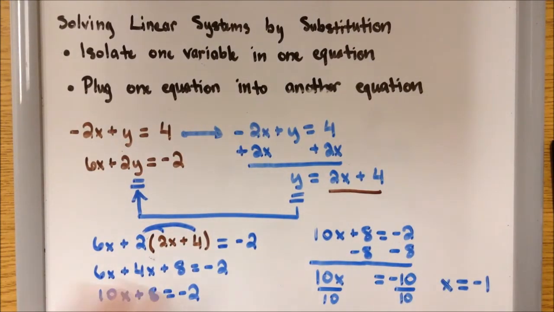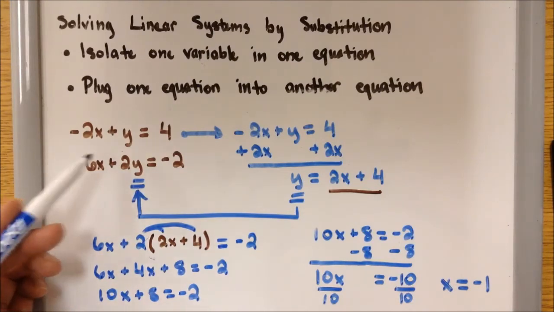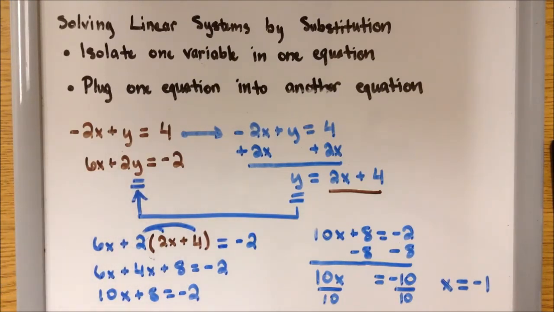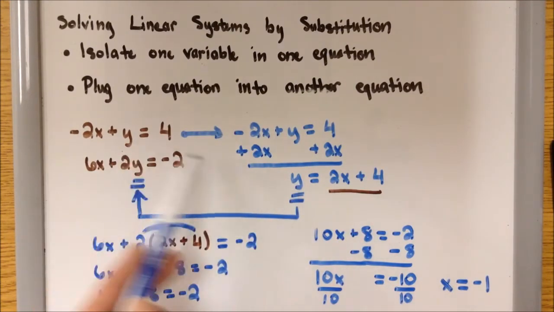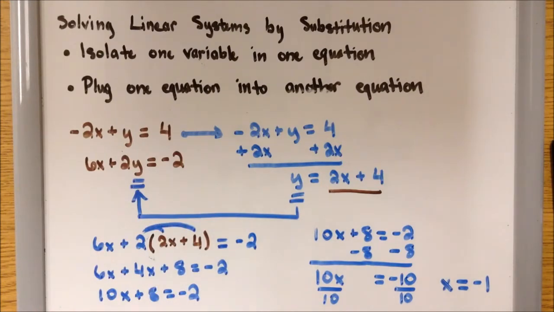So either way, you can plug into the original first equation, the original second equation, or the equation where y is by itself from the first equation. Again, it does not matter, it all should give you the same answer.